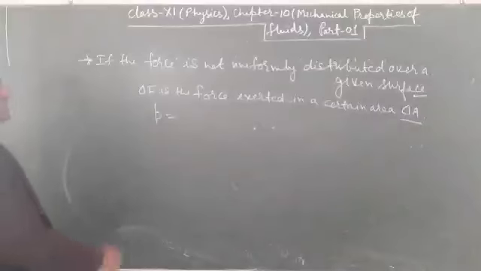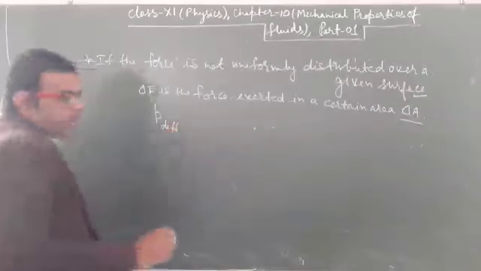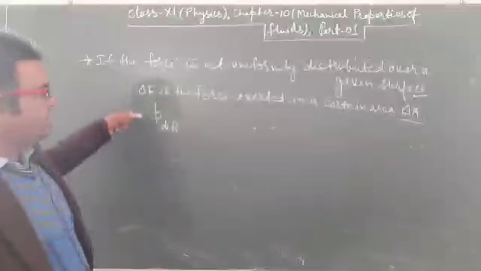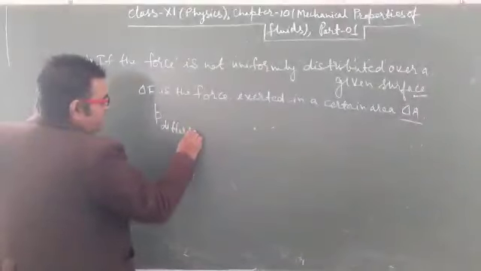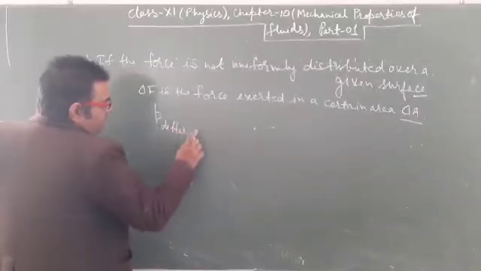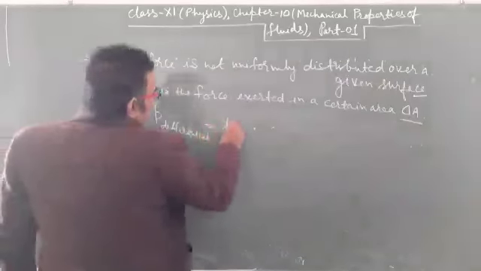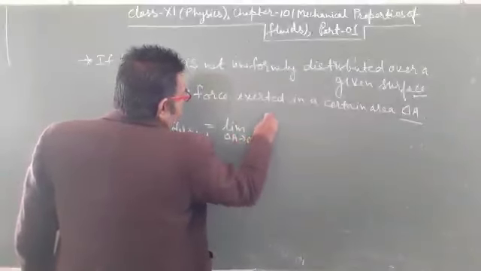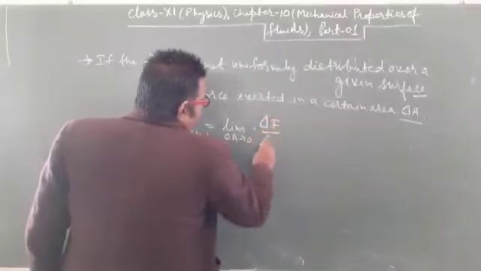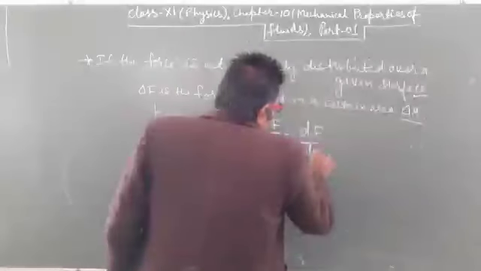This is called differential pressure, because in different directions we are getting different pressure. This differential pressure is given as limit delta A tends to 0 of delta F upon delta A, and it can be given as dF upon dA.